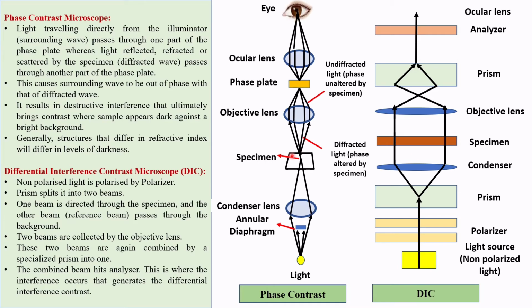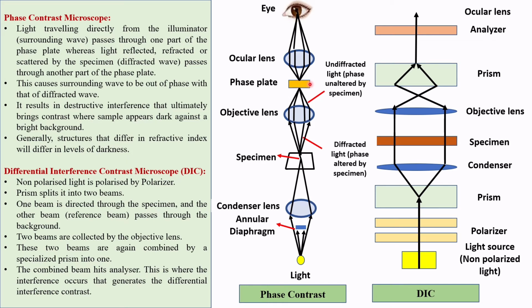In phase contrast microscope, light travels from the source and a very small part of this passes through the diaphragm. Surrounding light wave that is not transmitted by the sample passes through one part of the phase plate, whereas light reflected, refracted or scattered by the specimen passes through another part of the phase plate. Right?